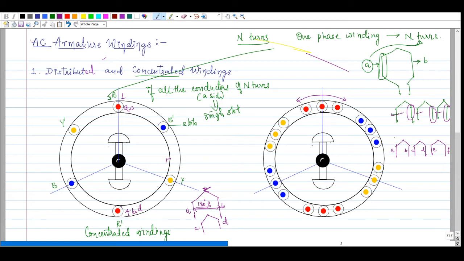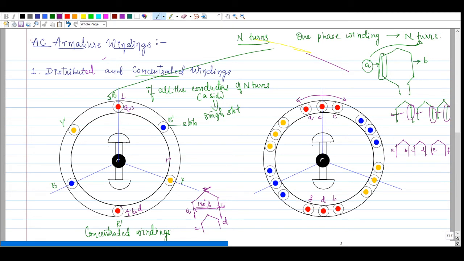A conductor is placed here, C conductor is placed here and E conductor is placed in this slot. Similarly, B, D and F conductors will be placed at 180 degrees electrical to them.